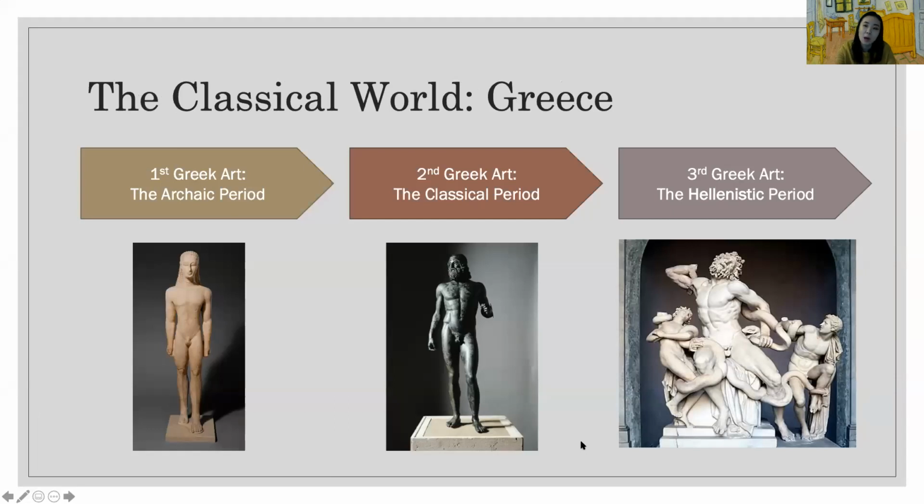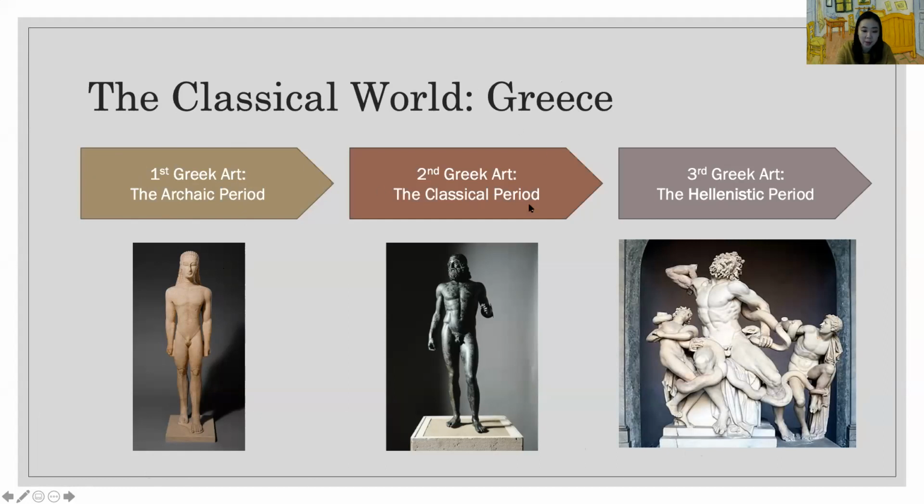So now we can recognize the different styles of the Greek art periods. The archaic period shows limited movement due to a lack of sculptural technique.